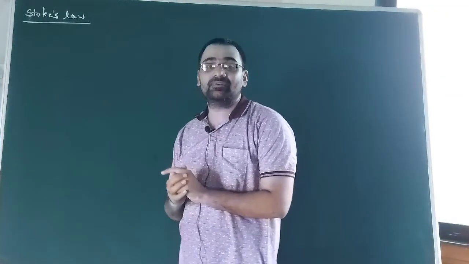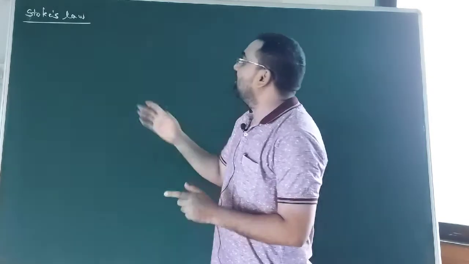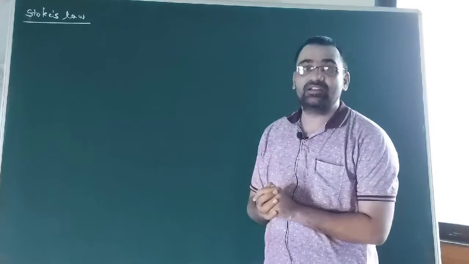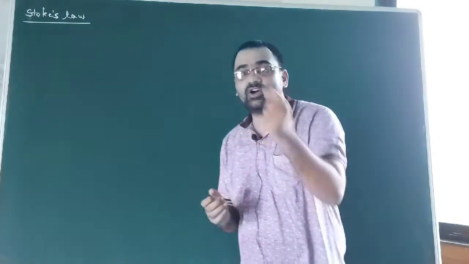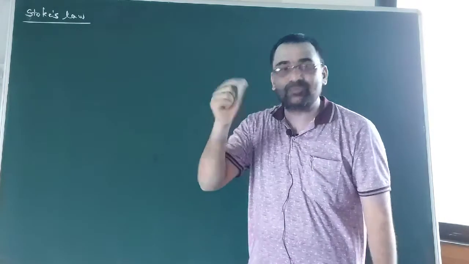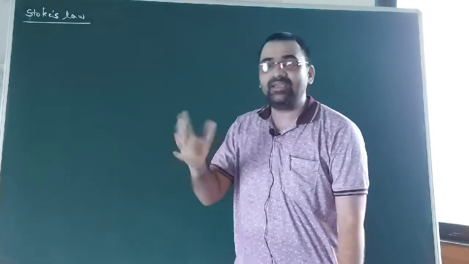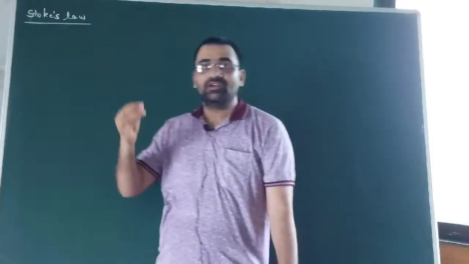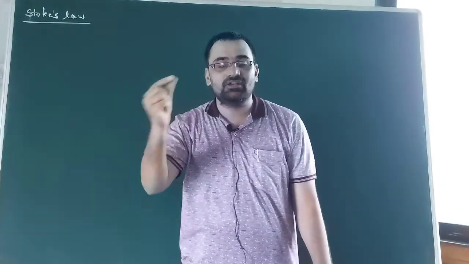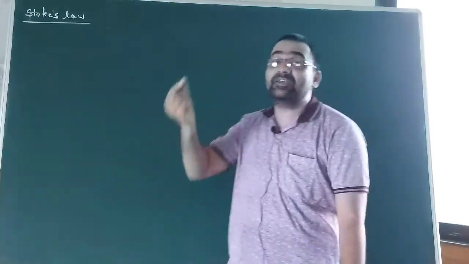He was a physicist, Greek I think, and he gave an important law related to a spherical object falling in a viscous fluid. Now where can we learn this? Imagine raindrops, as every drop occupies a spherical shape.